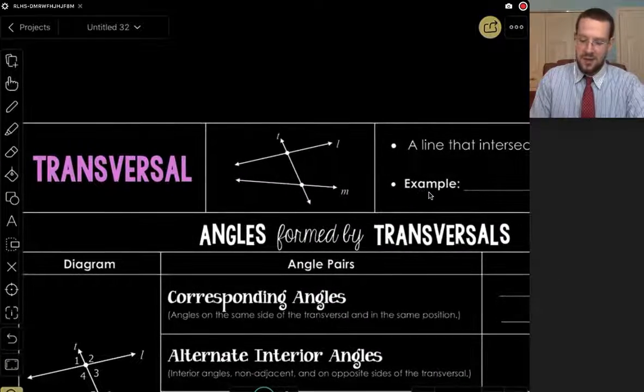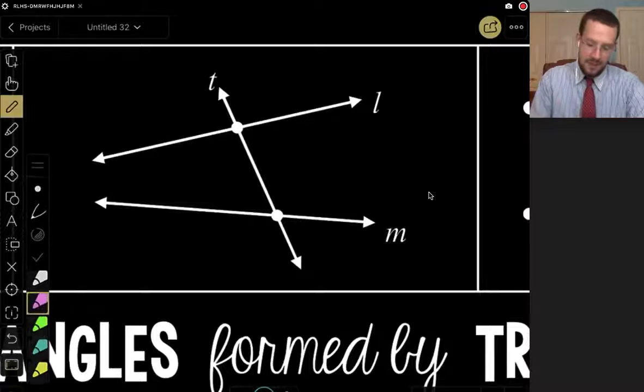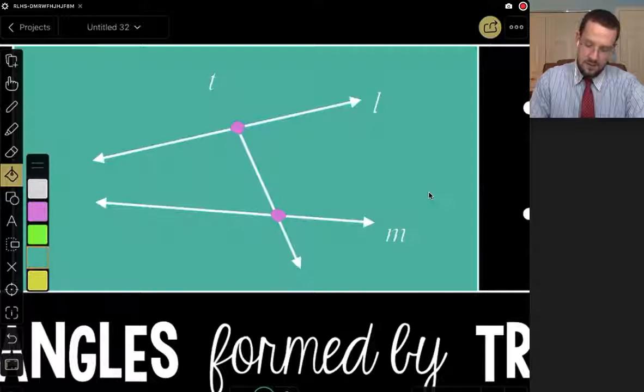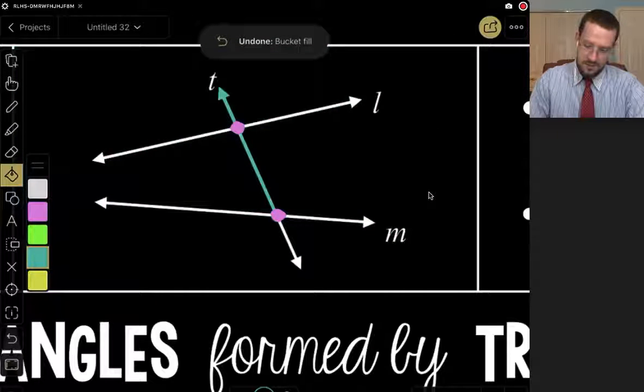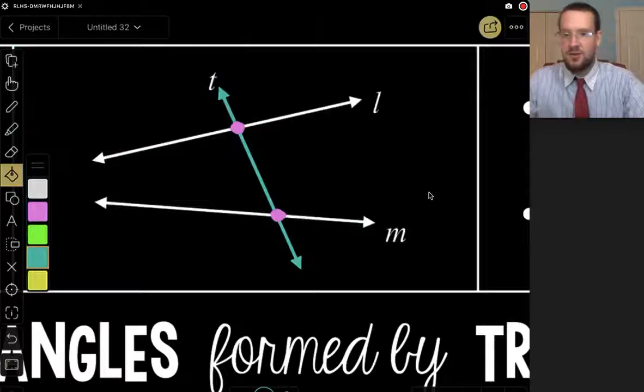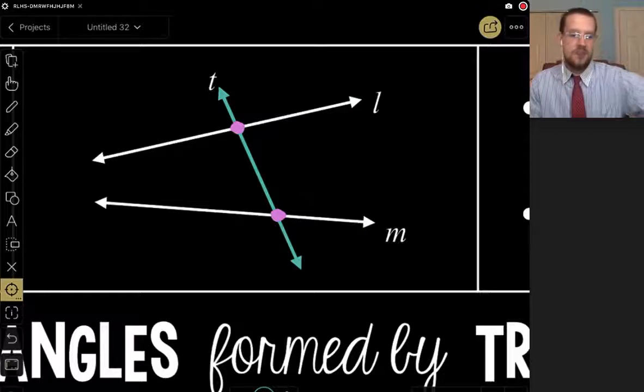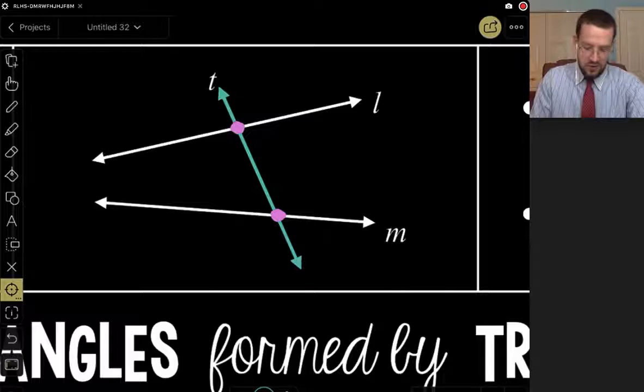They look like this, and the transversal here is the line T. So the transversal is one line going through two other lines. Here T is transversing the lines L and M. T is the transversal. It's going through two other lines.